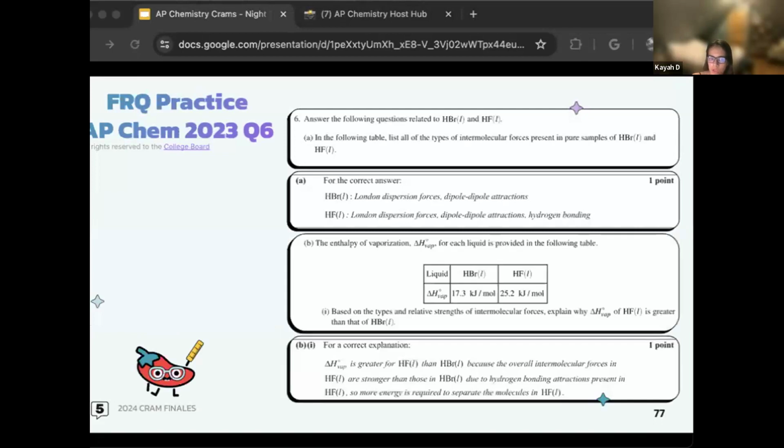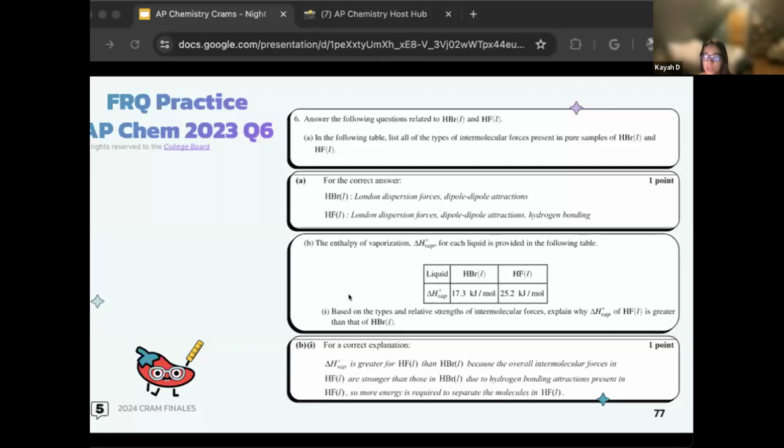To break that down a little bit, when it asks you to list the intermolecular forces for HBr and for HF, the first thing we're going to put down is London dispersion forces, because they exist between all molecules. Then for HBr, since HBr is a polar molecule, we're going to have dipole-dipole attractions.